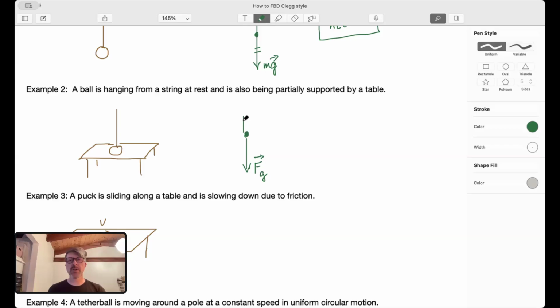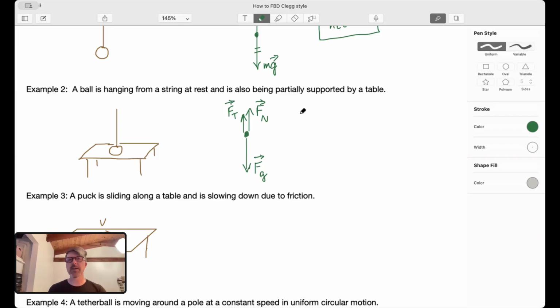So now I get to show you how it looks when you have two forces in the same direction. We might have the tension force, and we have another force here with the normal force. Now we don't know which one is bigger from the situation. As described, we don't actually know which of these two forces in the upward direction is larger, but we do know that those two have to add up to the gravity force.